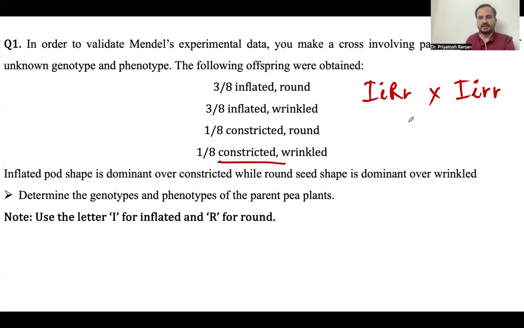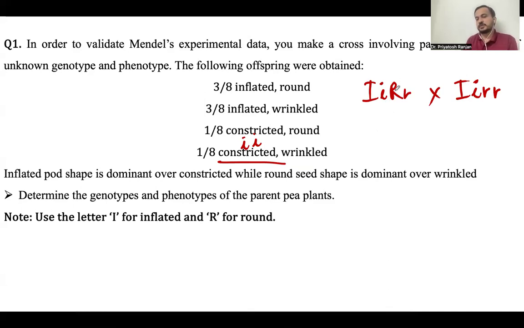constricted wrinkled or not. If we remember, for the constricted ones, the genotype has to be small i. It's a simple thing: either you can go ahead with the Punnett square, which will take much more time, or you can just make use of probability, by considering one character at a time.